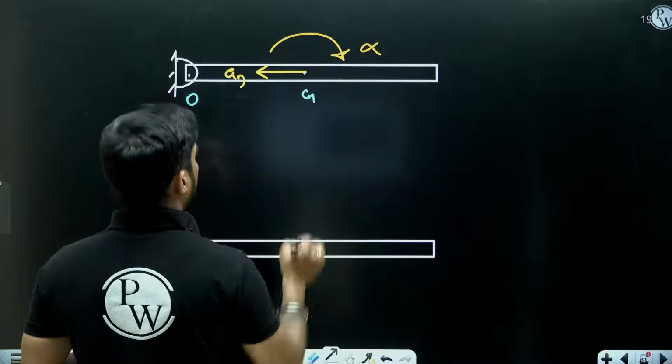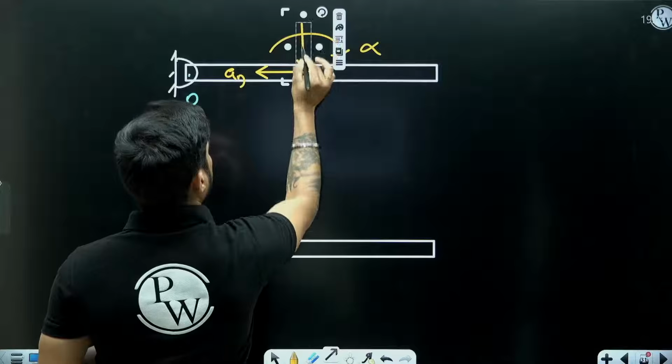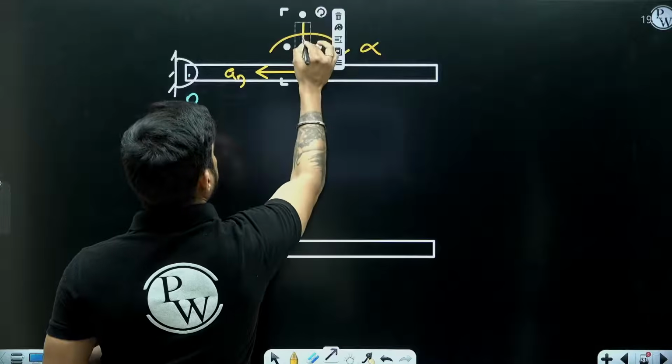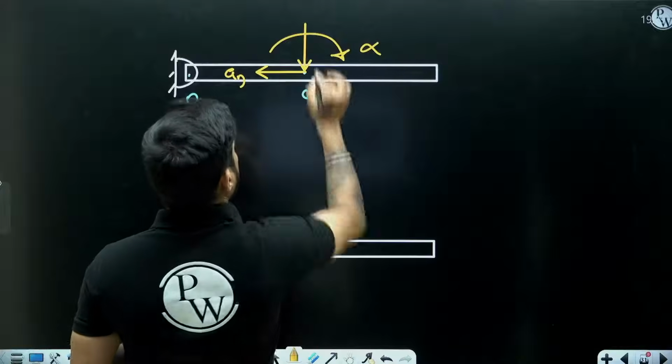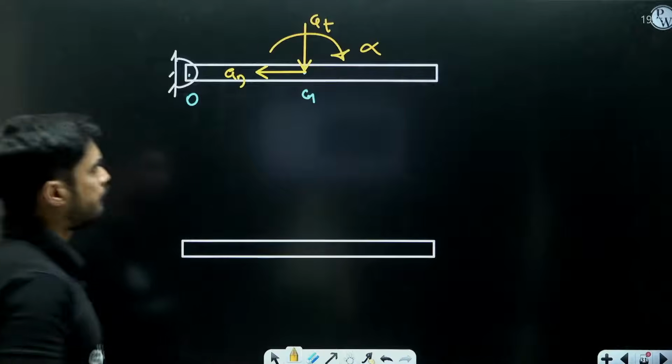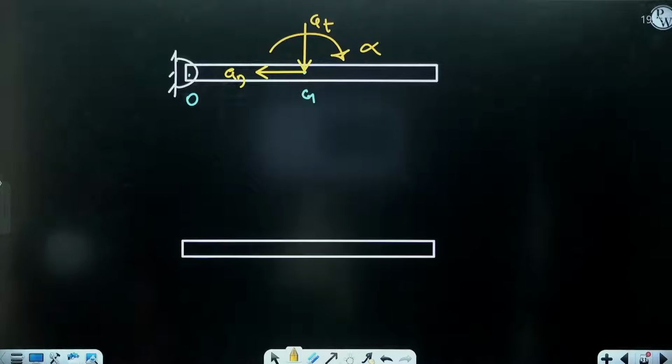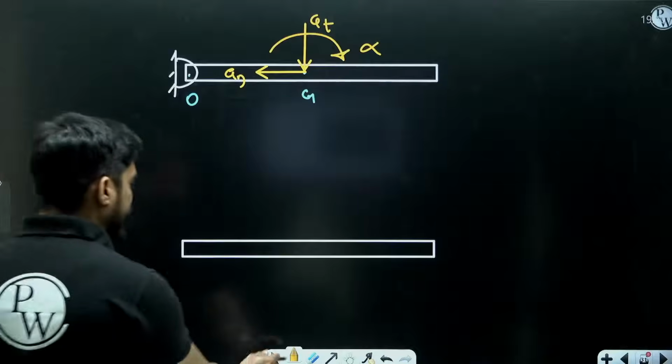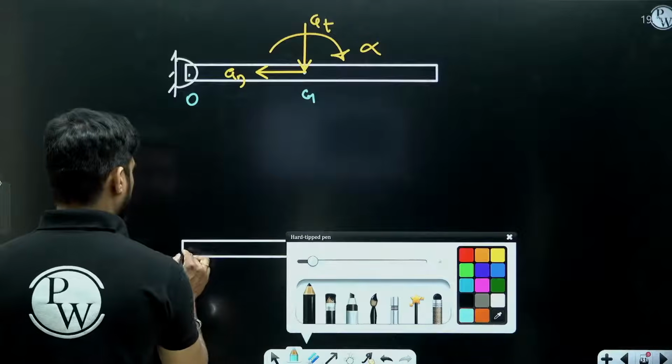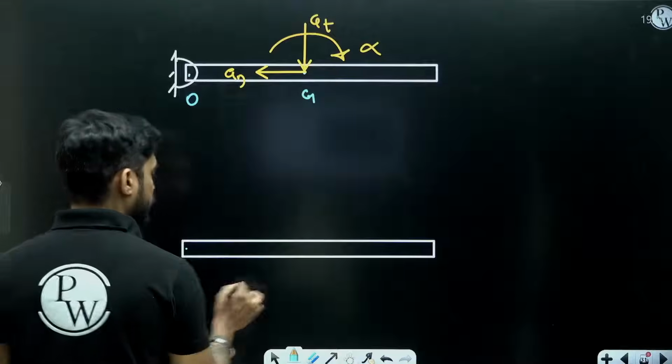AT is always perpendicular to AN and it is moving clockwise. So AT will be this. So the first diagram will show the directions of alpha, AT and AN, because you have to consider the forces in these directions. Now the second diagram will be the free body diagram.